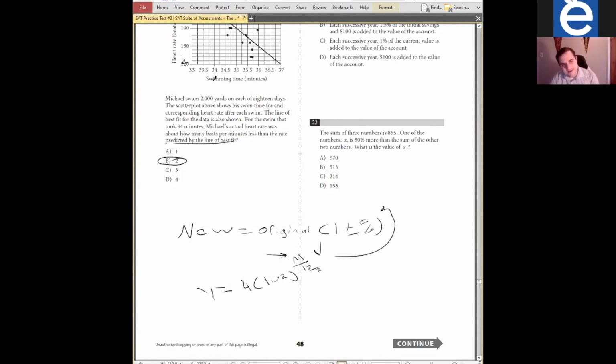I picked m over 12 consciously because this is one you'll actually see. Let's say it compounds yearly, but they give you months. So this compounds once a year, but it's asking you how much it will grow in 5 months. That's when you would get m over 12, and if it was 5 months, m would be equal to 5, so it would be raised to the 5/12. Is that clear to everyone?